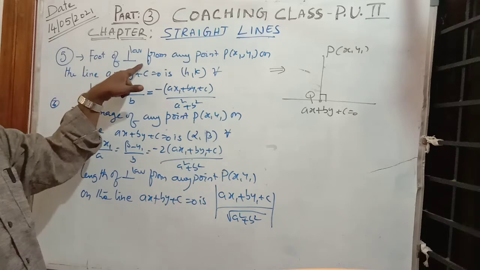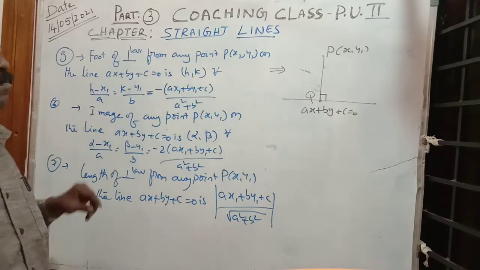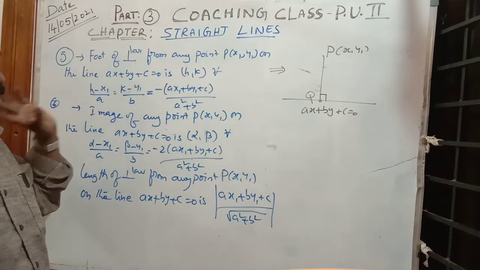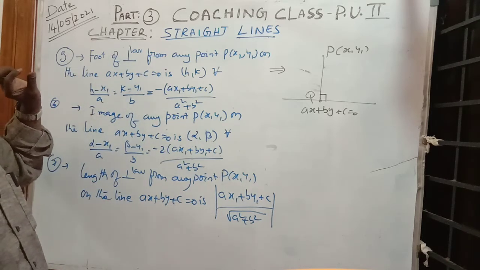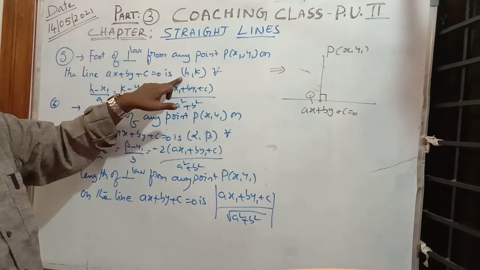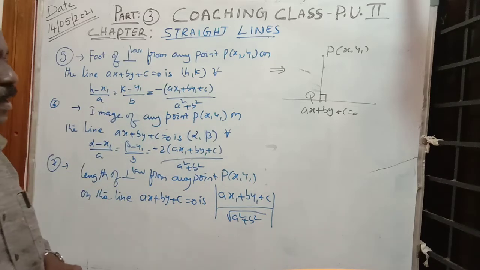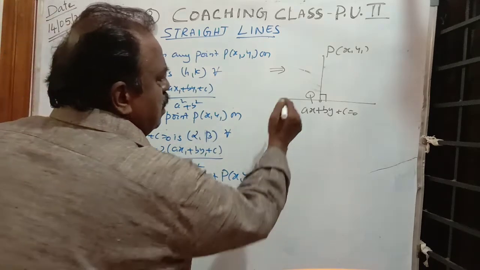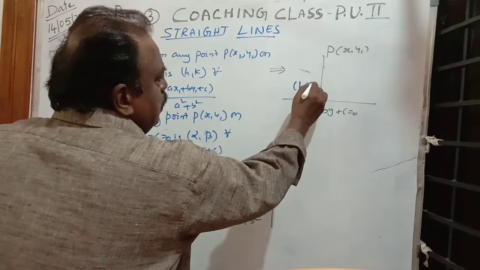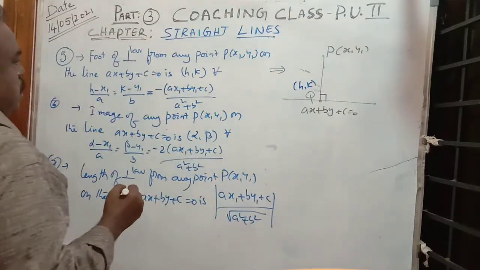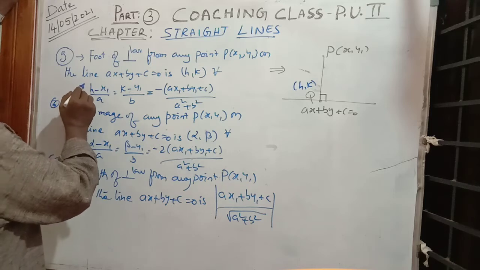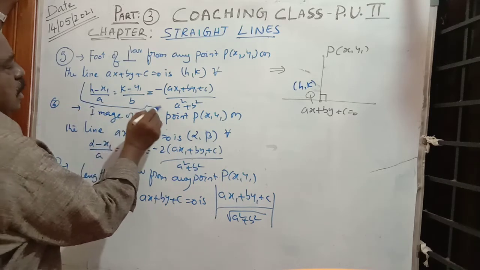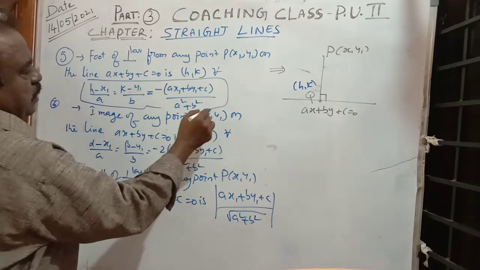Foot of the perpendicular drawn from any point P on any line, that line is ax plus by plus c. It's a general formula. If you assume the coordinates of Q are h comma k, it can be derived from this equation.